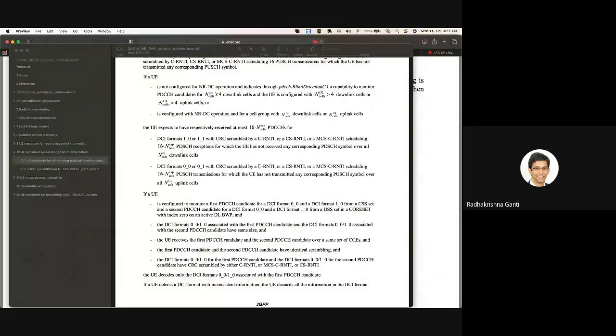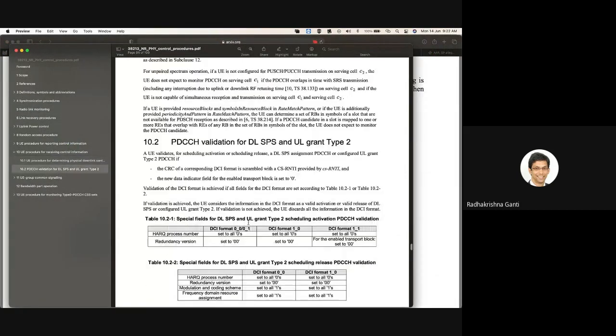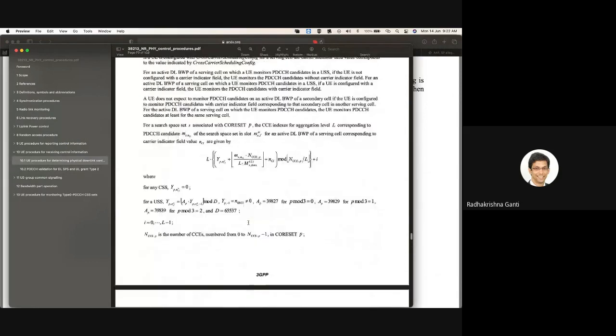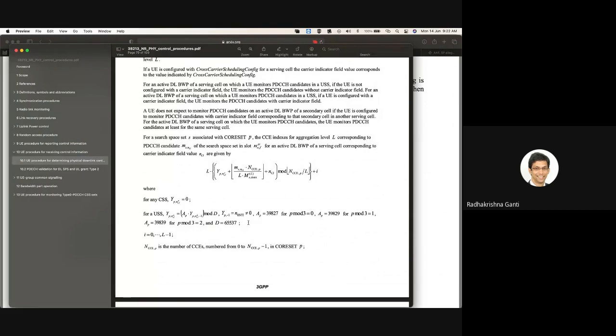You can see my other document, 38.213. I'll show you the formula for it. For a search space that is allocated in a core set P, the CCE indices for an aggregation level L are given by this big formula. Essentially, they are partitioning this core set, telling how the mapping from a search space S to the CCEs is done.